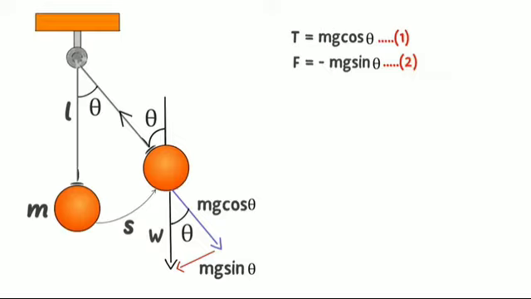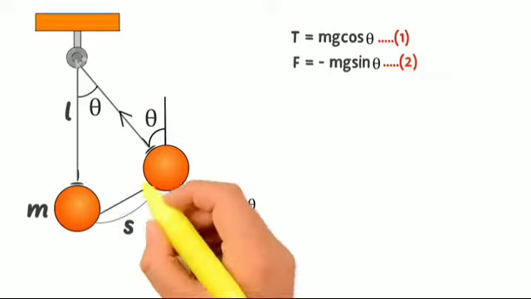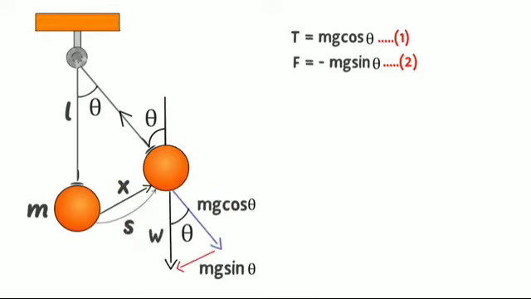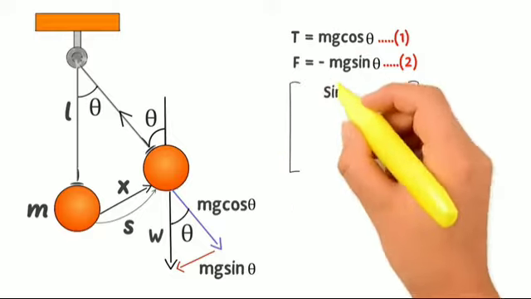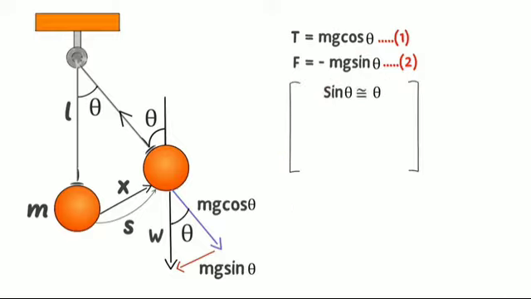From the figure, we can observe that the tangential component of the gravitational force always points towards the equilibrium position. It always points opposite to the displacement from the mean position. Hence, in this case, the tangential force is nothing but the restoring force.